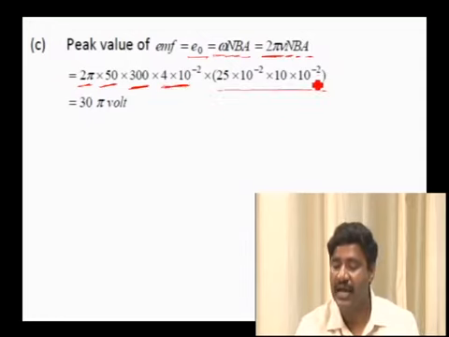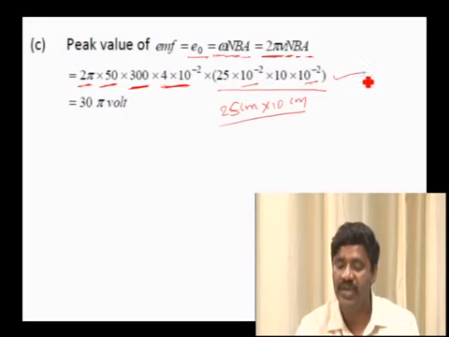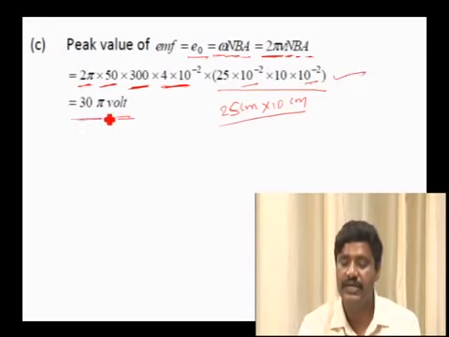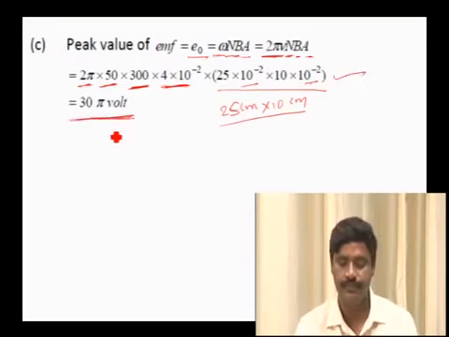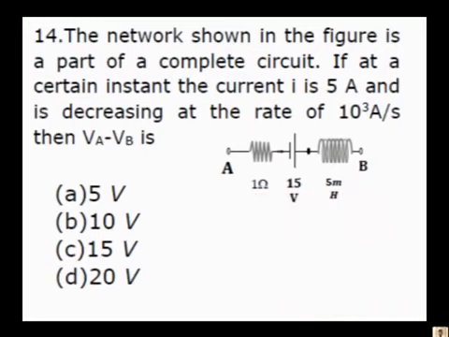A is the area, 25 centimeter into 10 centimeter. If you convert that into SI system, it is 25 into 10 power minus 2 and 10 into 10 power minus 2. Simplification of this leads to 30 pi volt.